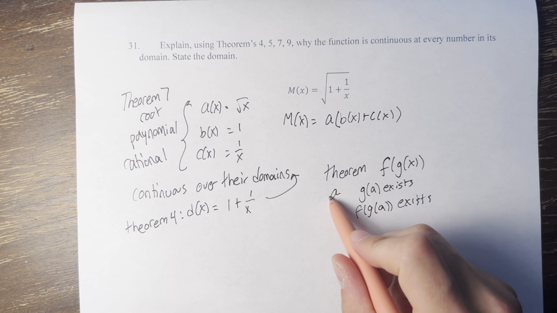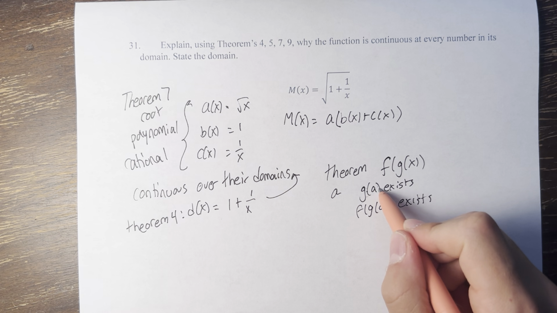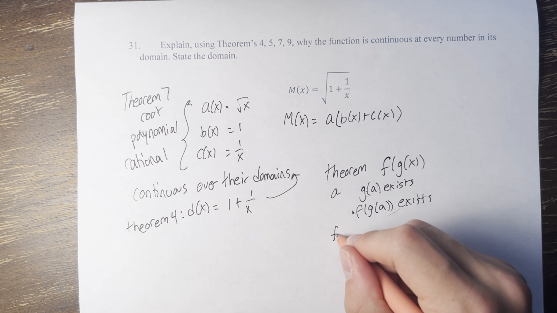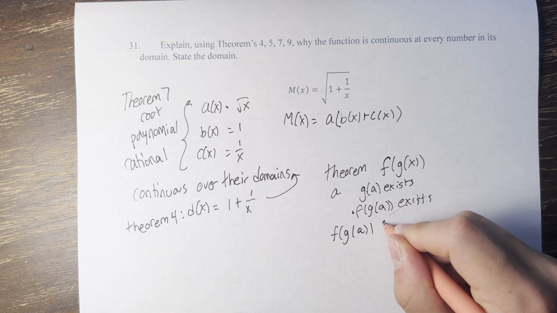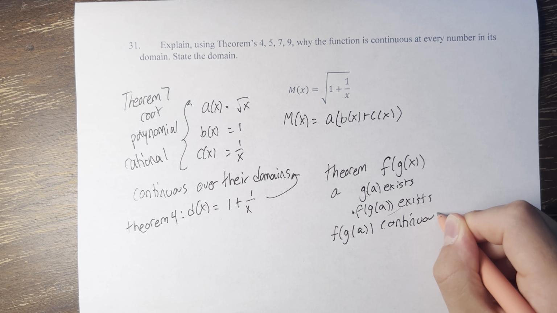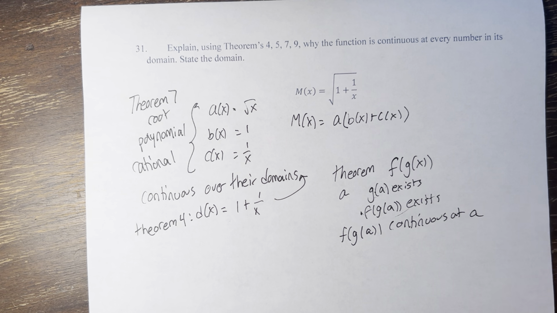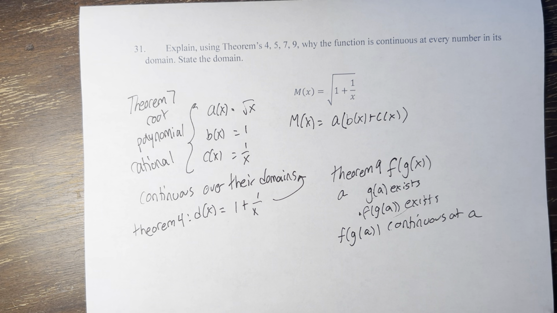So a is in the domain of g, and g of a is in the domain of f. If both of those things are true, then f of g of a is continuous at this point a, right? And this is theorem 9, based off of the ways that they're asking us to do this.